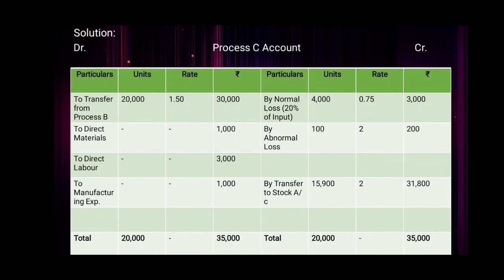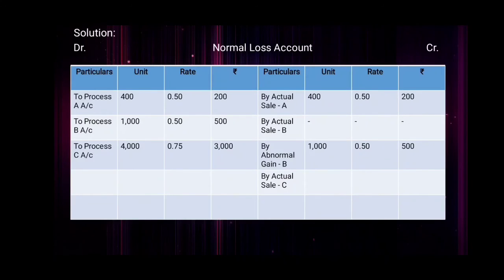For process C account, actual sales will be 4,000 units at the rate of 0.75. Total amount will be 3,000. So now let us take the total of both the sides. Units will be 5,400 and the total amount will be 3,700.